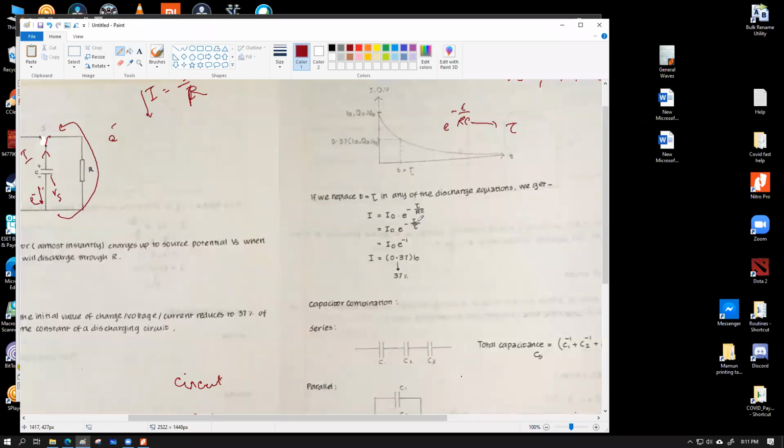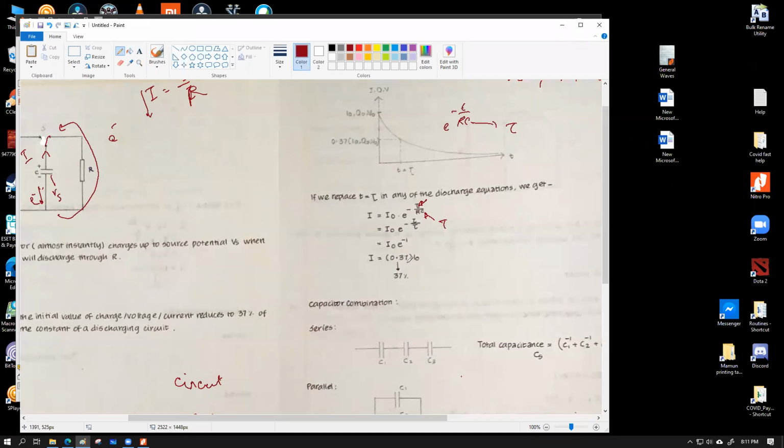So if t equals tau, then in the place of t we have replaced tau. And by definition, RC is also tau. So we have written tau by tau, which makes it 1. So I equals I naught into e to the power minus 1. The numerical value for e to the power minus 1 is 0.37. There are more digits to this.